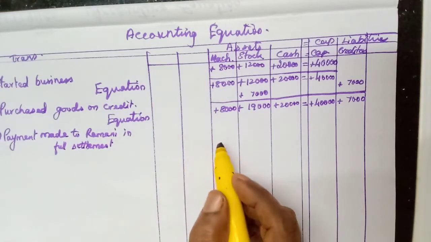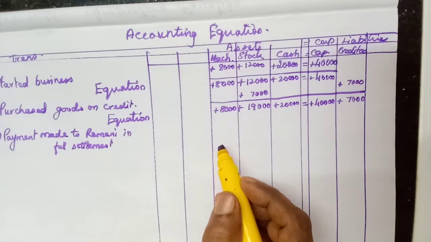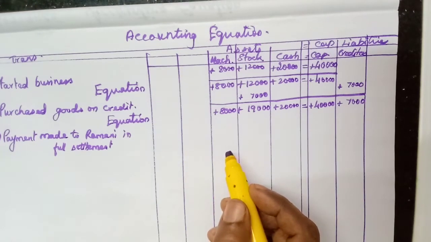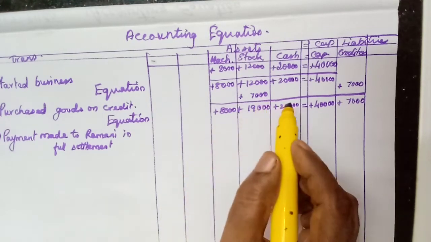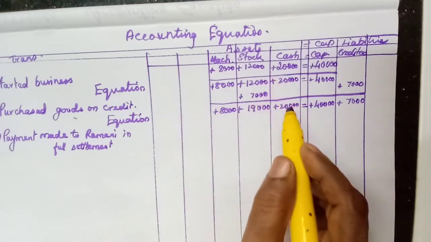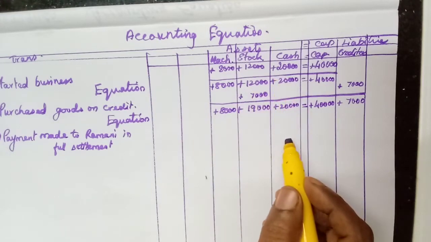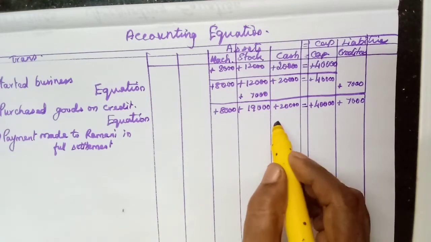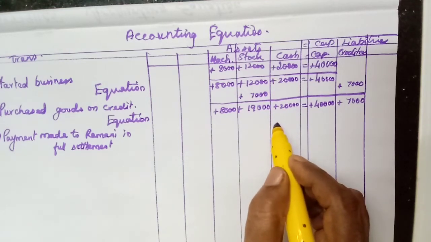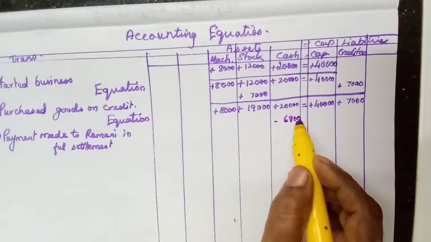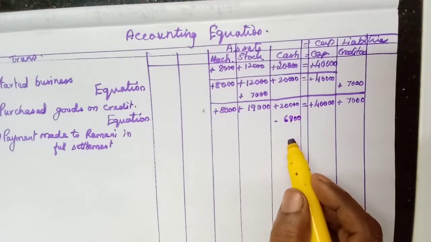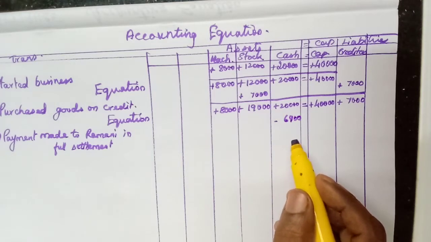Here, whether it is given in cash or stock, nothing is mentioned. From the bank, no. So we can consider no balance in the bank, so cash only. So how much are we paying? 6,900. So cash will get reduced, minus 6,900.